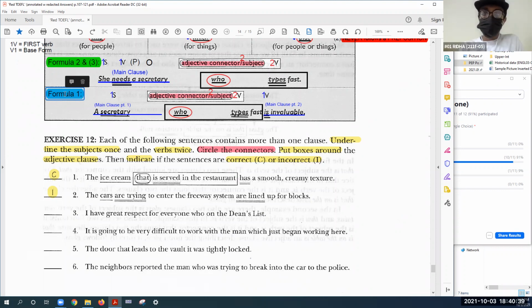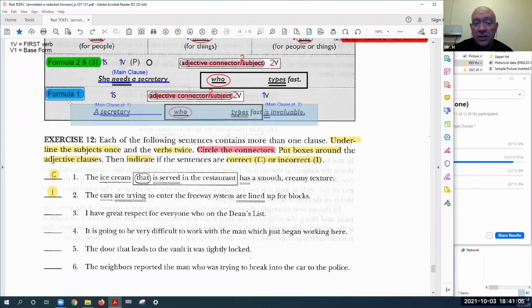Object of a verb. And the third, object of a preposition. So Formula 2 and 3 is the first example above, because the clause describes the object in that example. That's why I use Formula 1 here, and above I use Formula 2 and 3.